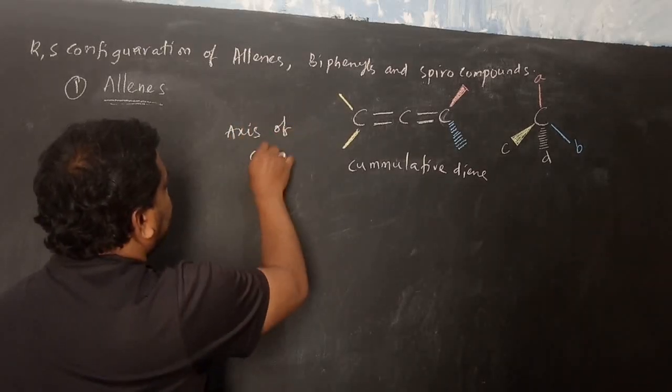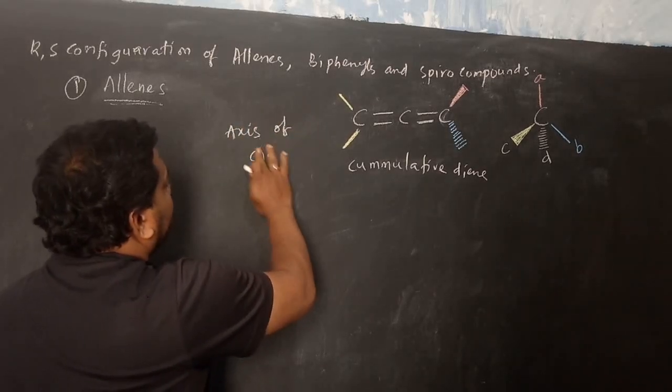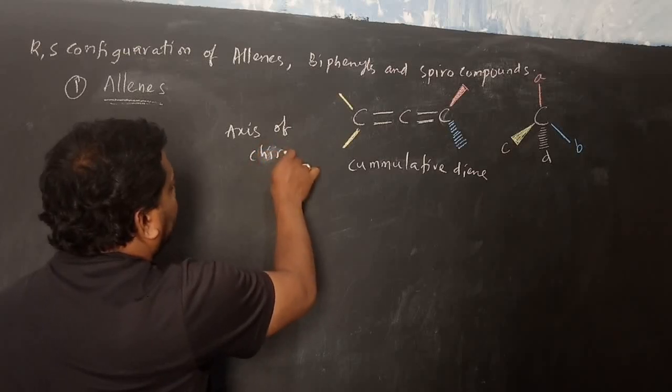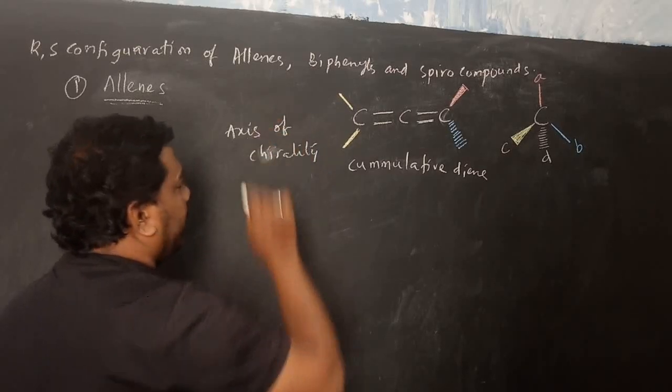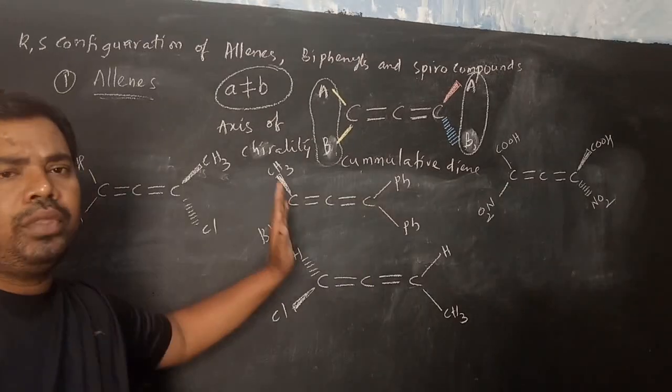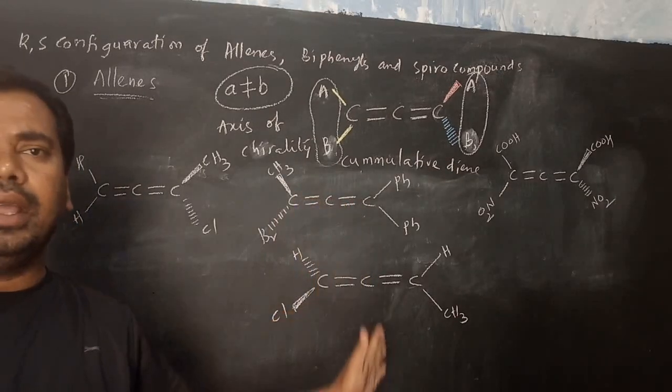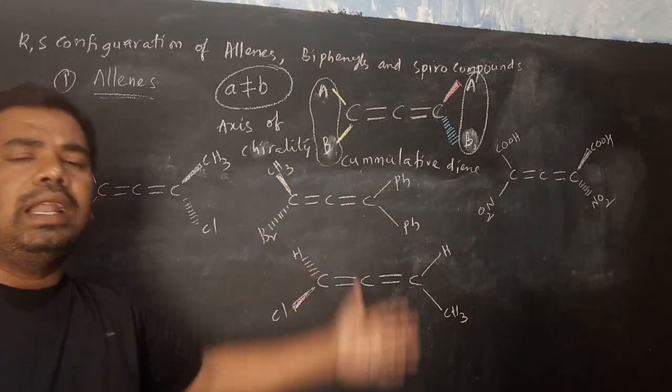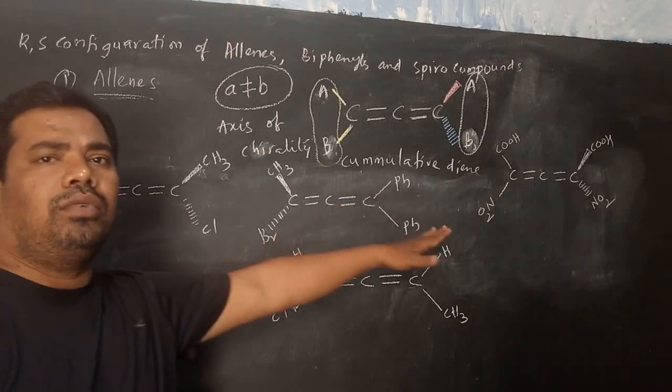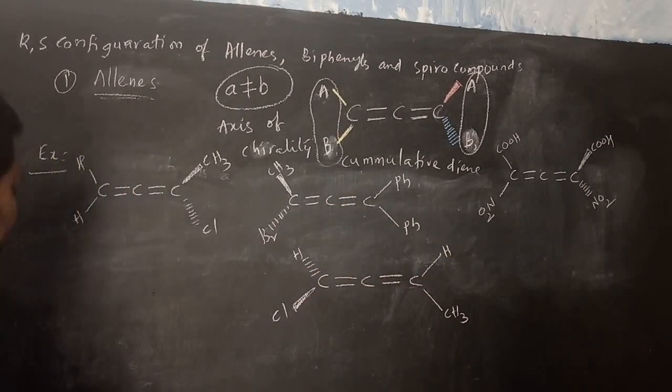This is very important. We need to identify which axis is chiral and which is achiral, and then we will assign the RS configuration of the following examples.